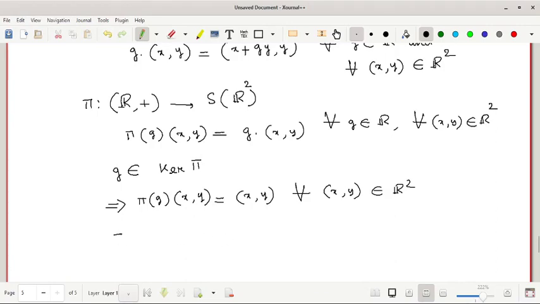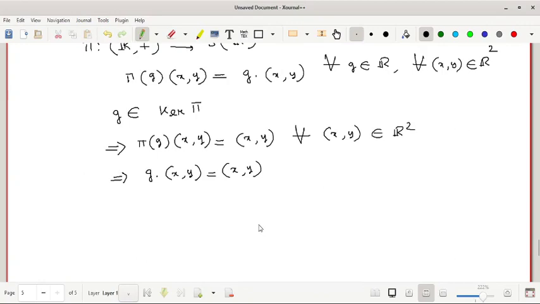But according to the definition, g dot (x, y) is equal to (x, y), right? Can we say that this means actually g is the identity element?